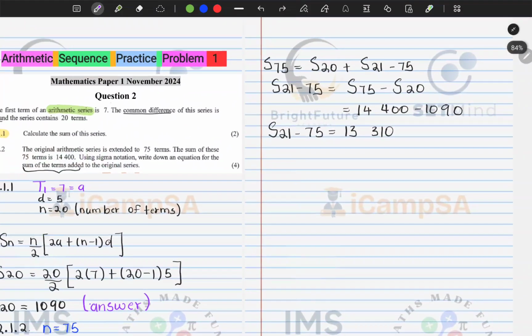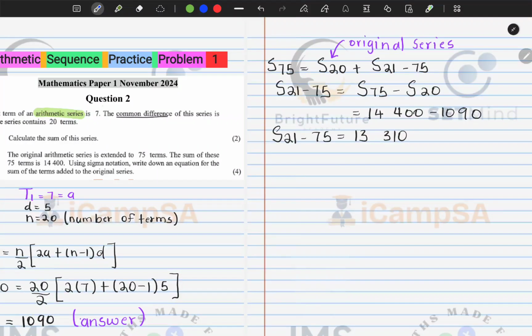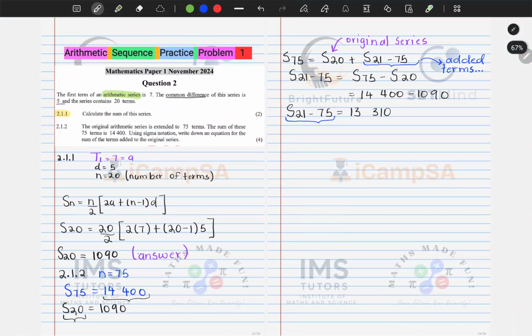If you look carefully, this here is the original series, and this one here in blue are the added terms on top of the original series, which is why we needed to find the sum of these added terms, which we found to be 13,310. So we can now express this in sigma notation.